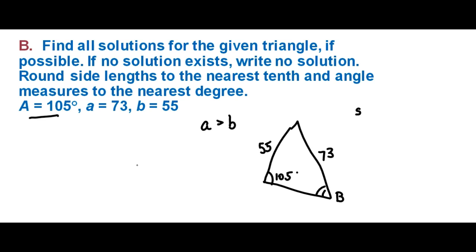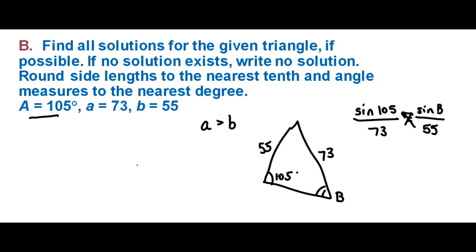So we have the sine of 105 over the side of 73 equals the sine of this mystery angle, B, over side B, which is 55.